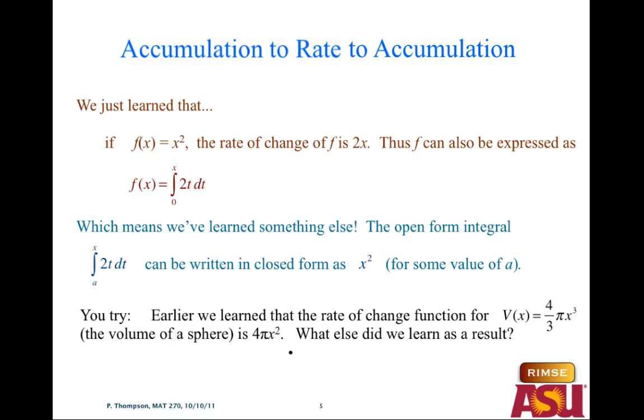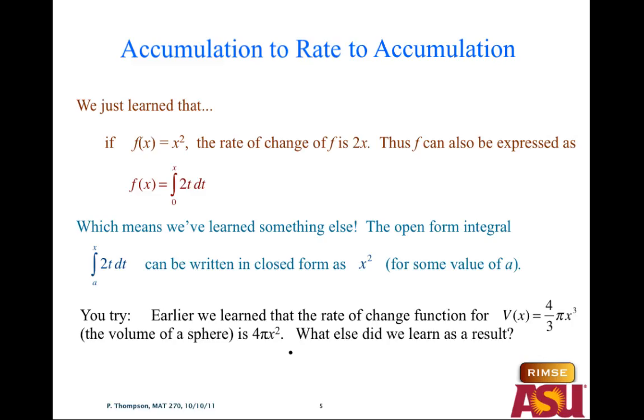Everyone write it out. What else did we learn from the fact that 4 pi x squared is the rate of change of 4/3 pi x cubed?